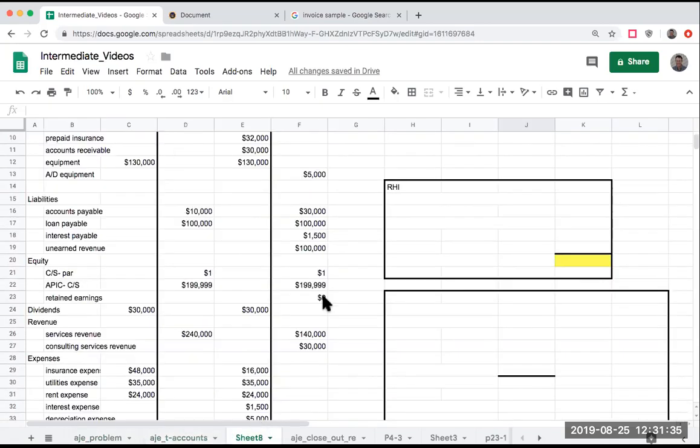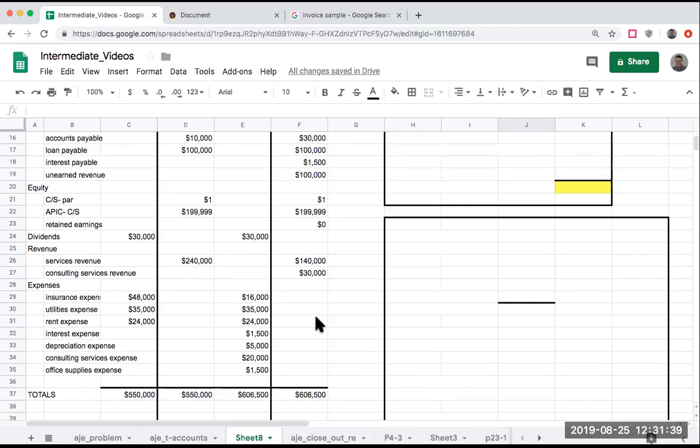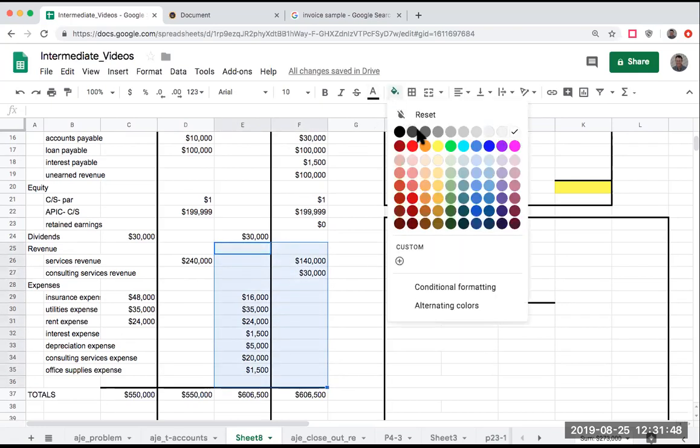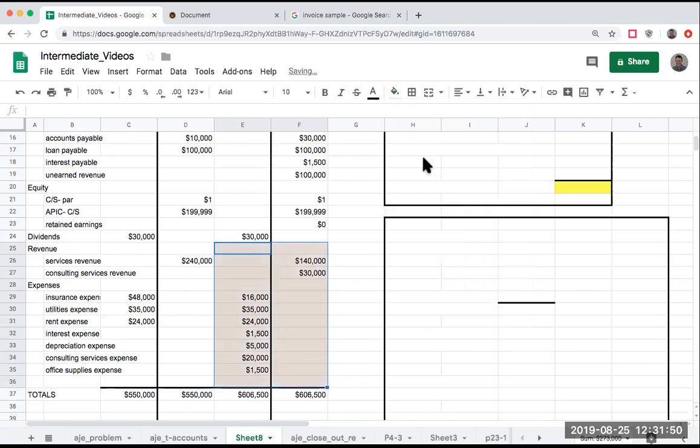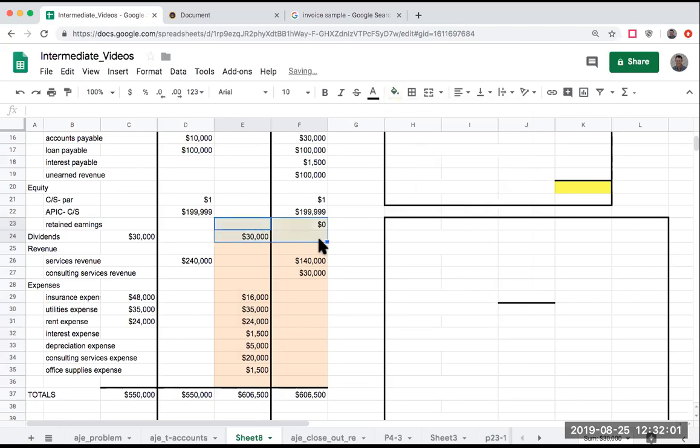And if you notice right here, after beginning retained earnings, I have dividends, revenues, and expenses. The reason why I set this up like this is because if I set this up right, this is going to be my income statement. Then over here, when I include dividends and get to retained earnings, this is going to give me my statement of retained earnings.